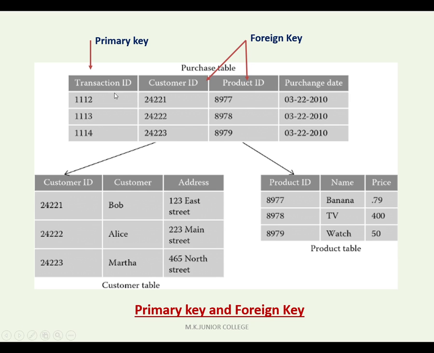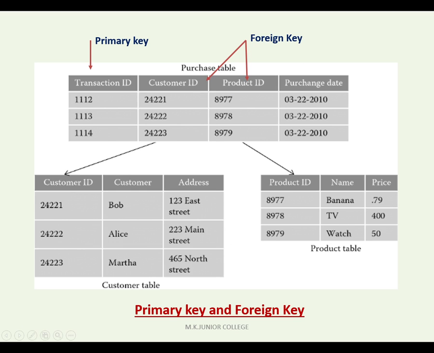So I will consider this transaction ID as the primary key in my purchase table, the main table. Inside it I am managing two more fields, customer ID and product ID. These are primary keys from another table. Why am I managing them here? Because as soon as I search a customer ID, I get each customer's details from that table. So in that table customer ID is a primary key, and I use it here, that's why it's a foreign key for my purchase table.